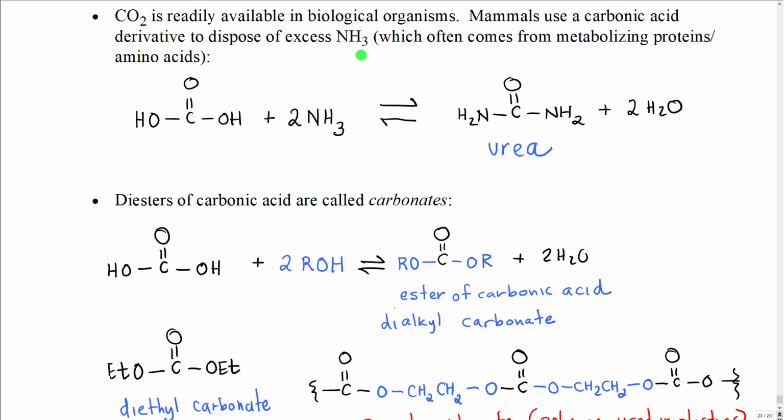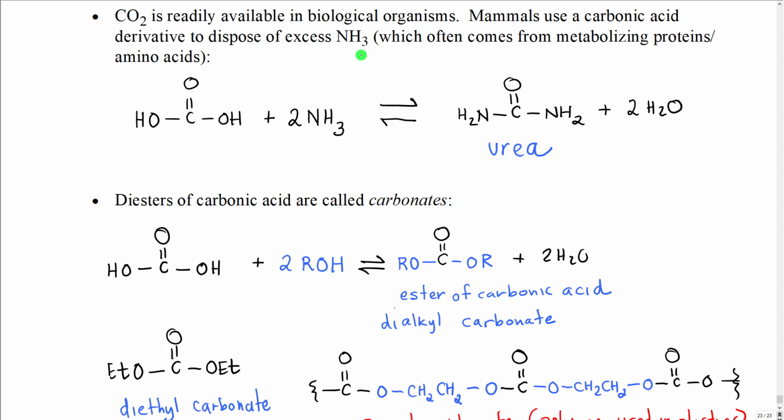And then they would be discarded either in the urine or in other ways like that. The problem is that the biological organism is not going to want to dump large quantities of ammonia into the bloodstream because ammonia is toxic. All it would be doing is shipping that ammonia around to all of the rest of the organs and cells in the body and possibly killing those cells and killing itself.